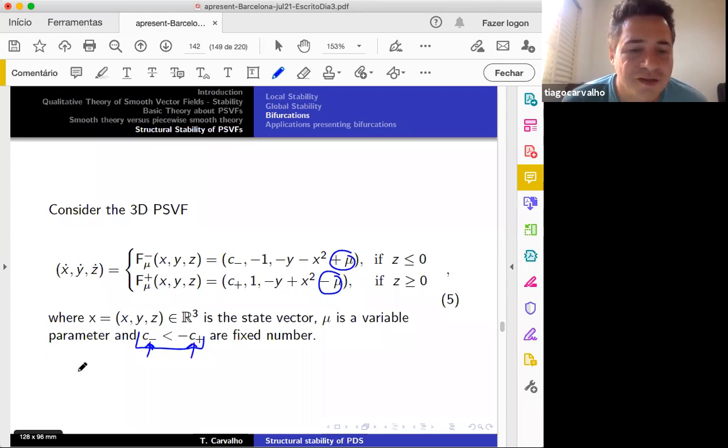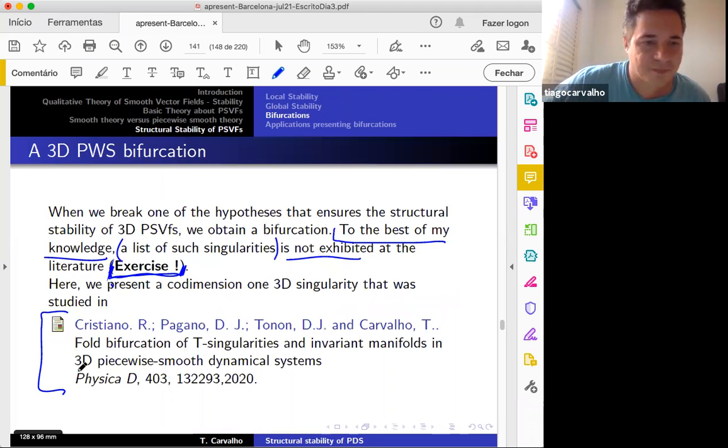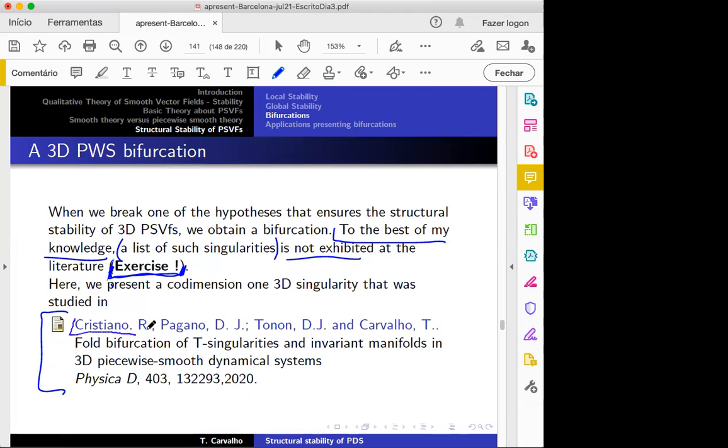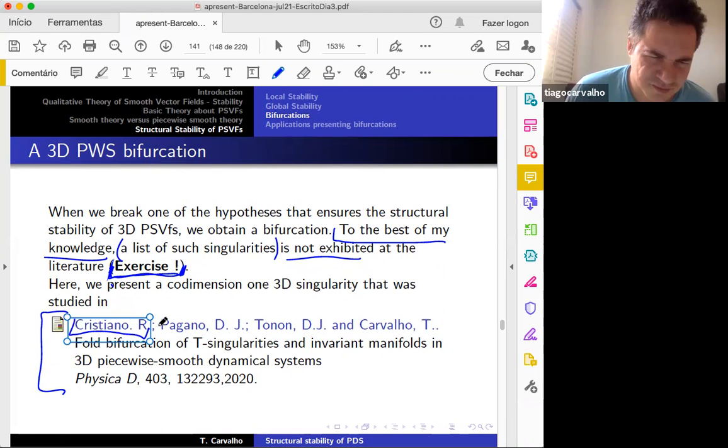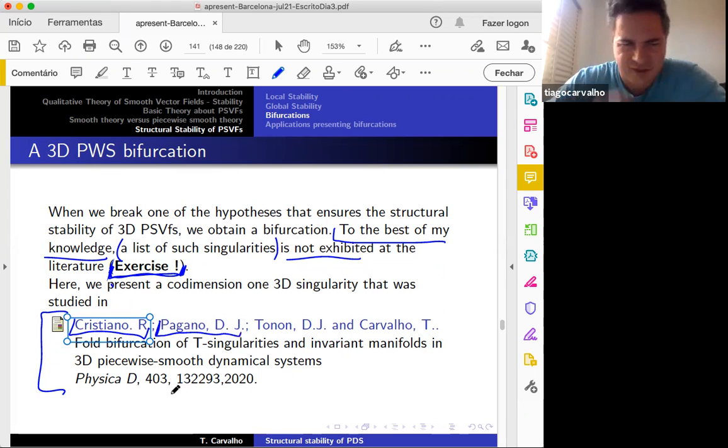This three-dimensional vector field corresponds to some power electronic model. In fact, this author, Rony Cristiano, and also Professor Daniel Pagano, are experts in power electronics.